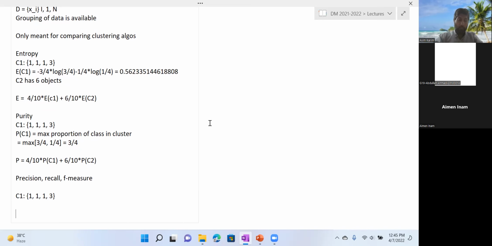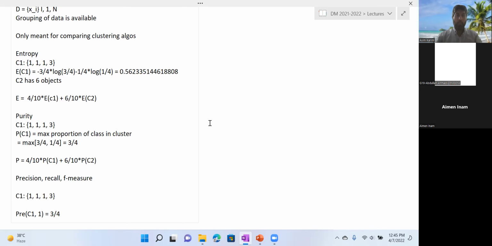So for example, precision for cluster C1 and class 1. What is precision? Precision is the fraction of retrieved objects that belong to the class, divided by the total number of retrieved objects. In this cluster, the precision for class 1 would be 3 over 4.